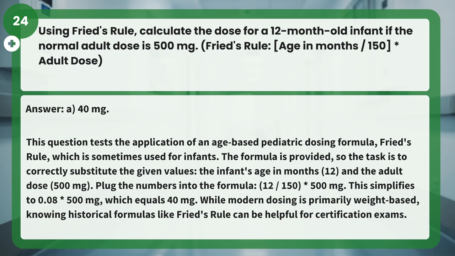Plug the numbers into the formula, 12/150, * 500 mg. This simplifies to 0.08 * 500 mg, which equals 40 mg. While modern dosing is primarily weight-based, knowing historical formulas like Fried's rule can be helpful for certification exams.